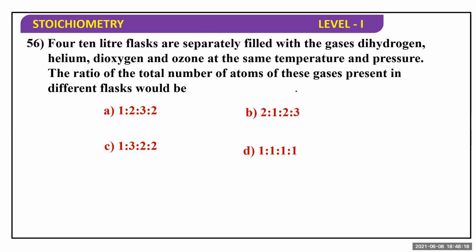The ratio of the total number of molecules is 1:1:1, because according to Avogadro's law, the same volume at the same temperature and pressure contains the same number of molecules or moles.